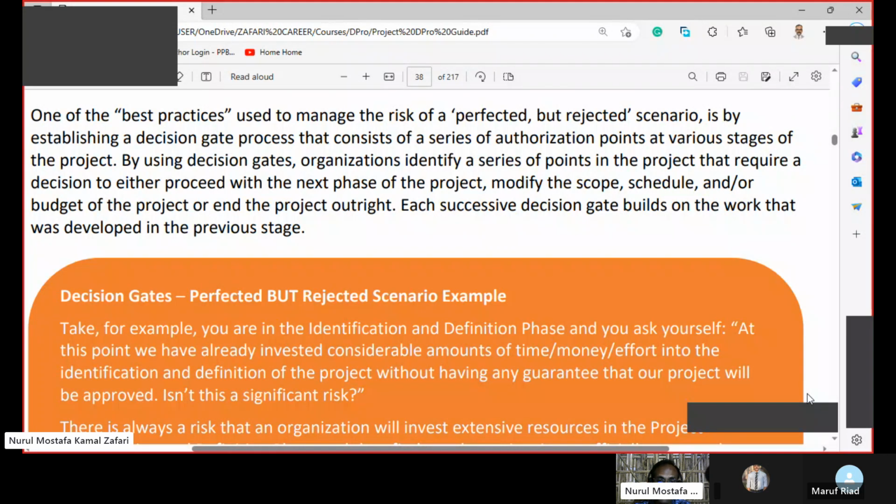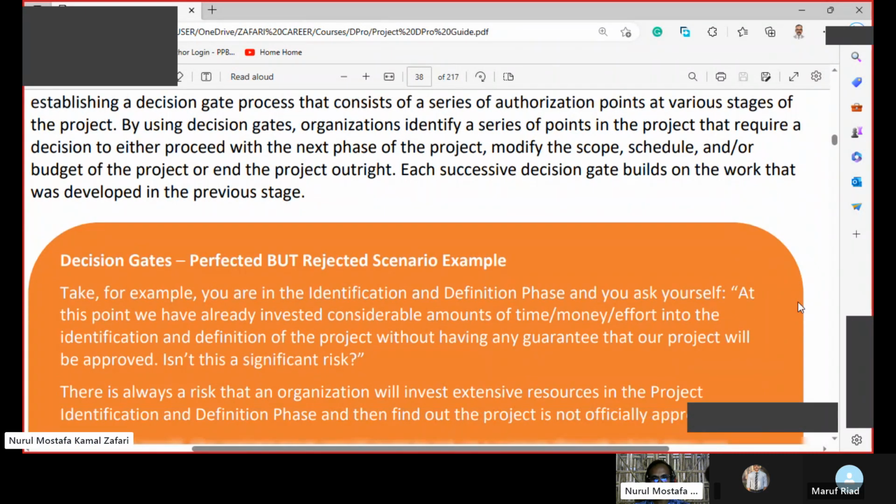By using decision gates, organizations identify a series of points in the project that require a decision to either proceed with the next phase of the project, modify the scope, schedule, and or budget of the project, or end the project outright. Each successive decision gate builds on the work that was developed in the previous stage. So we'll discuss a perfected but rejected case scenario example.